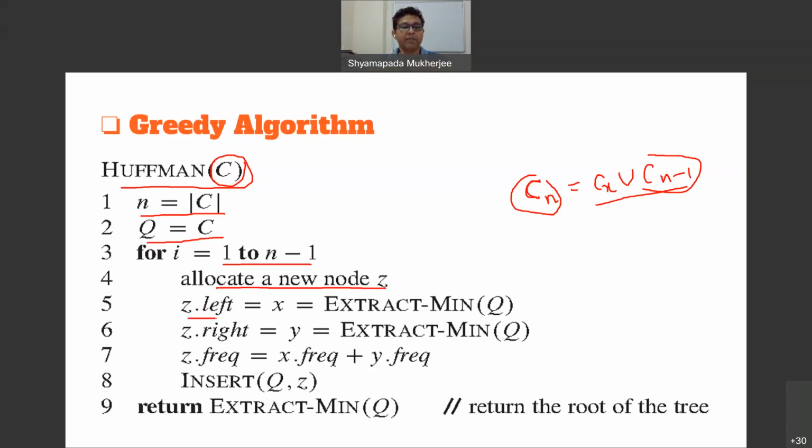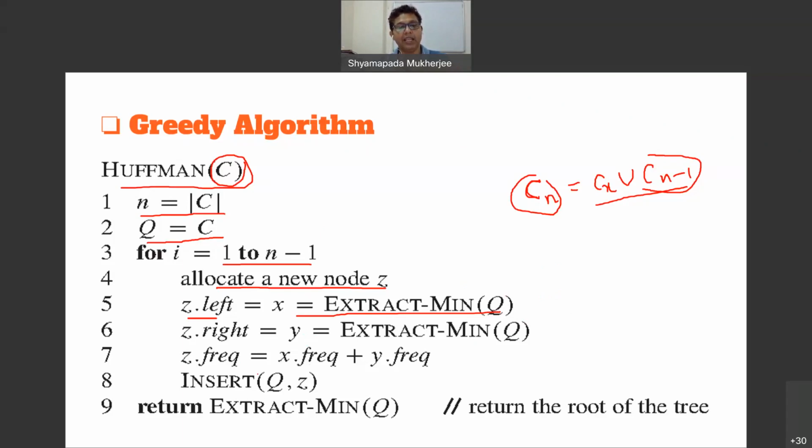The left subtree of the tree will be the extract minimum, the character which has the minimum occurrence, and then the next character which has the second minimum occurrence.